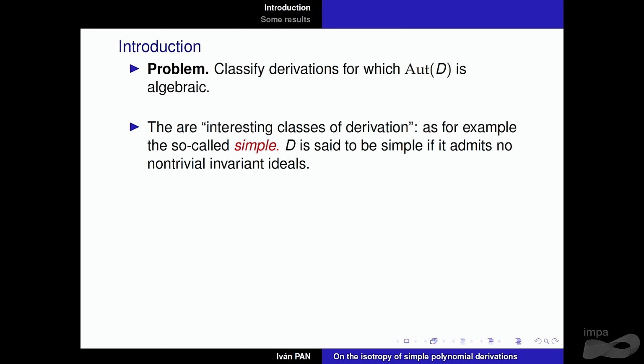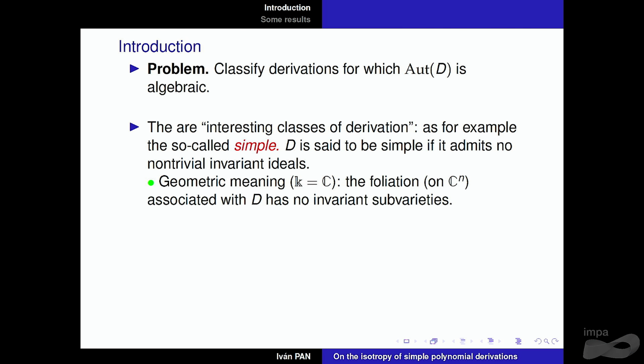A derivation is said to be simple if it admits no invariant ideals. For example, the geometric meaning of that: if K equals C, the complex numbers, then the derivation may be thought of as a vector field in Cn.